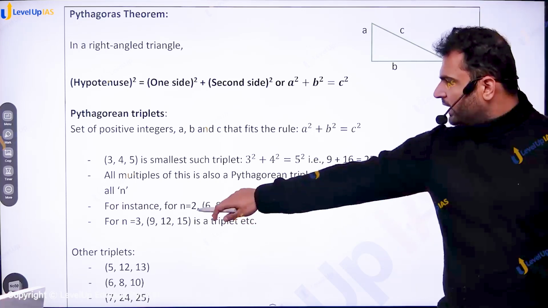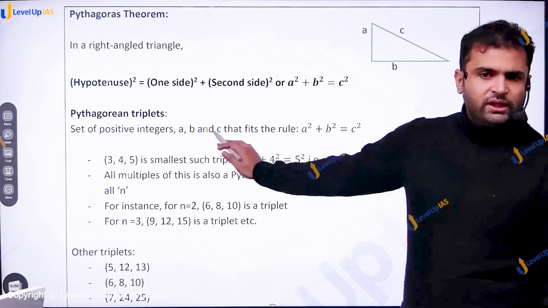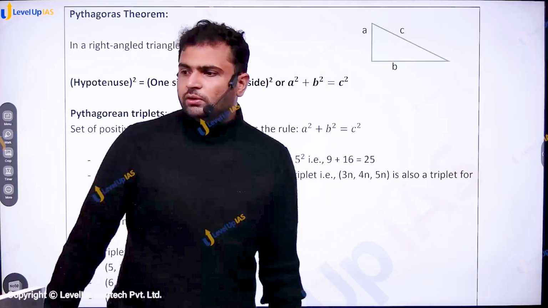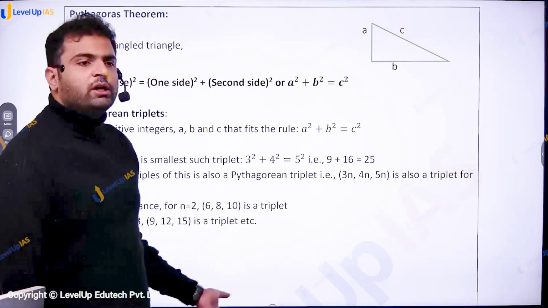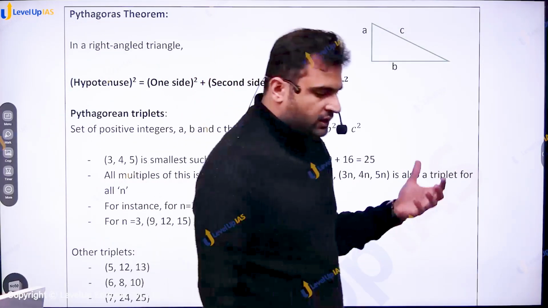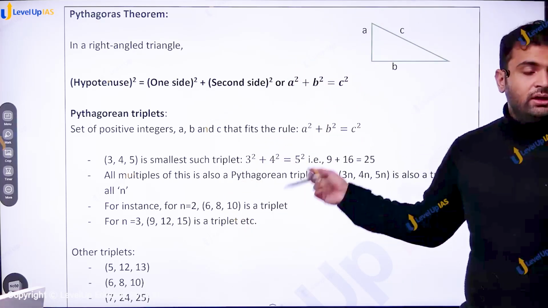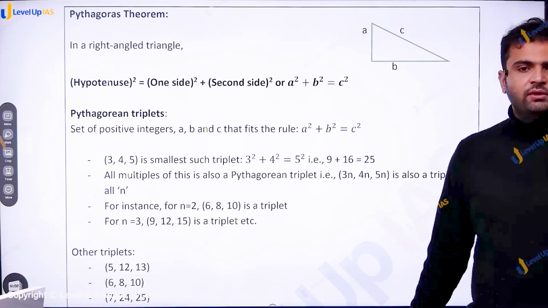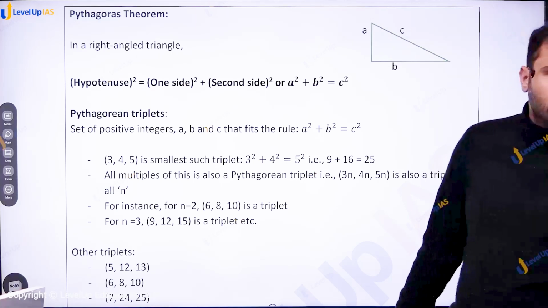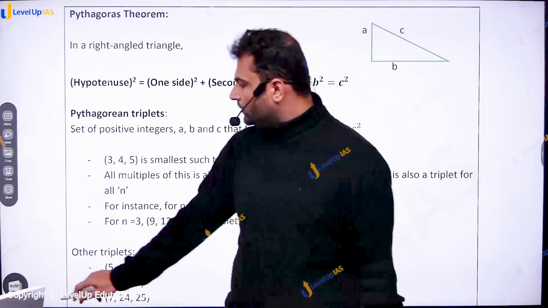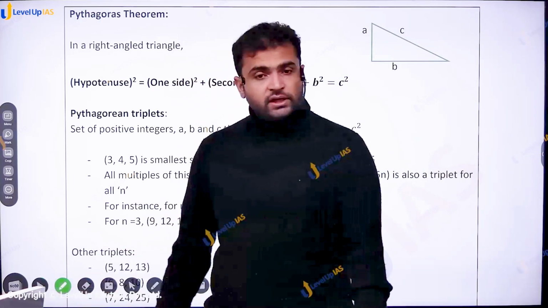Triplet meaning every such set of 3 numbers will follow the Pythagoras theorem rule, or they can be sides of a right angle triangle. That is what we are saying. समझ गए?